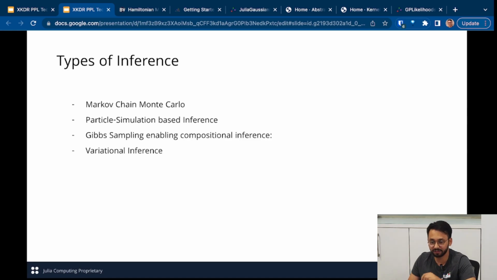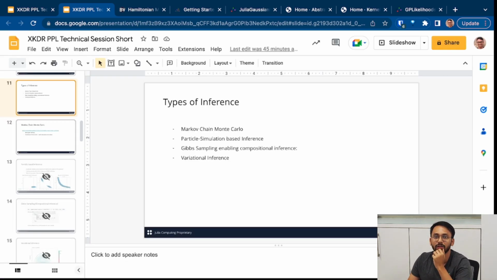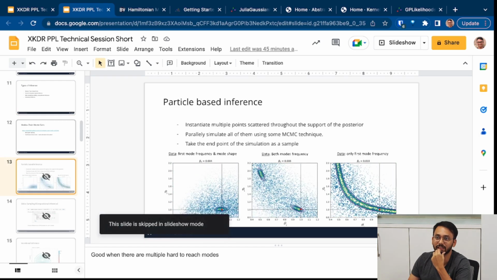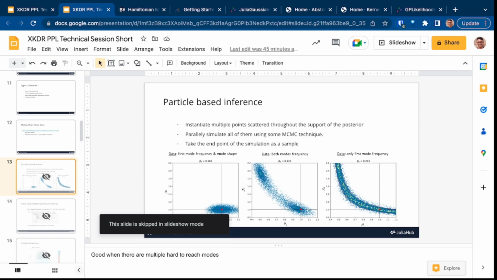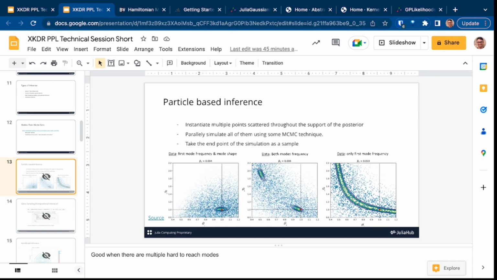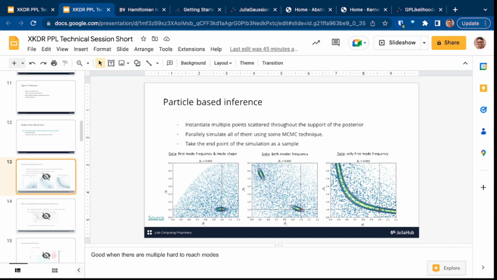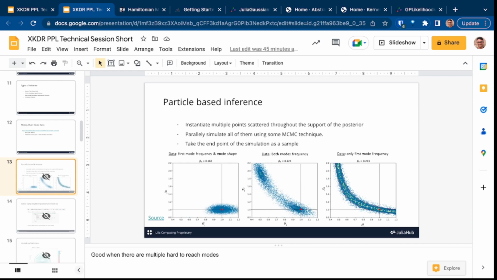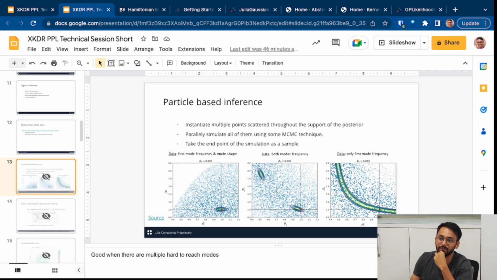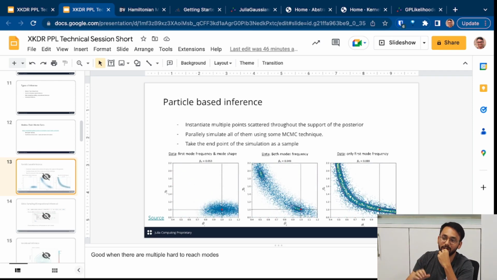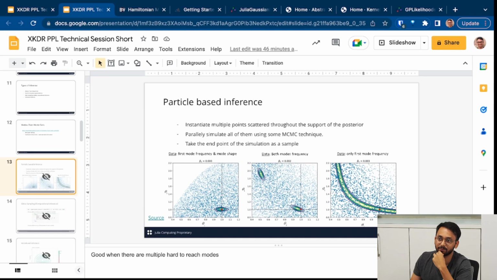So I can briefly talk about particle based inference schemes. These are useful when there are multiple modes which are hard to reach. Exploration is not a problem here because you start from a wide variety of places in parallel, so your initial particles will be throughout the posterior space, and then you run all the chains in parallel until they converge to some higher density place.